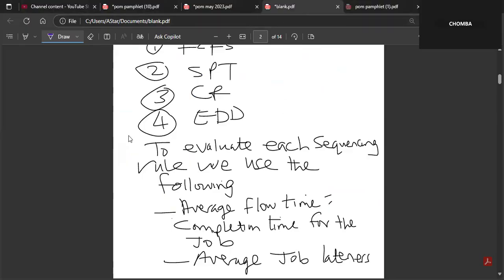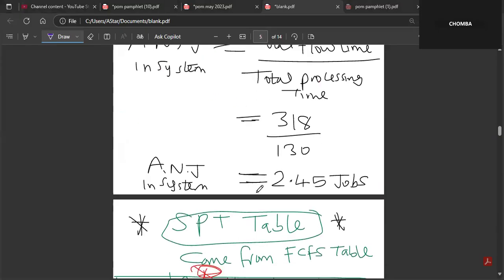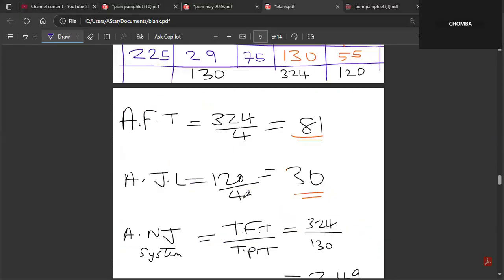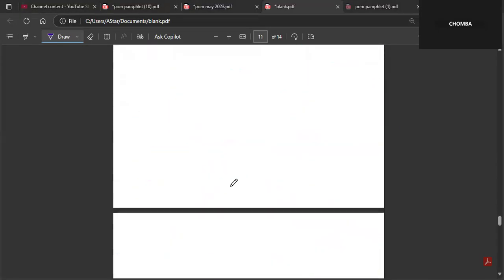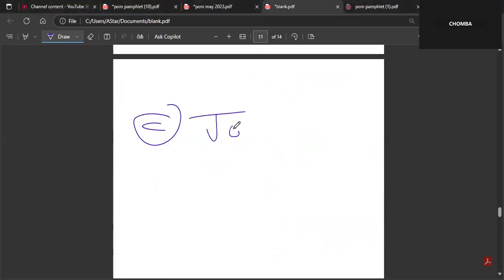So this Johnson's rule states that, this man came up with this aspect of saying that you cannot fix the tires to the bicycle if you haven't done the frame.